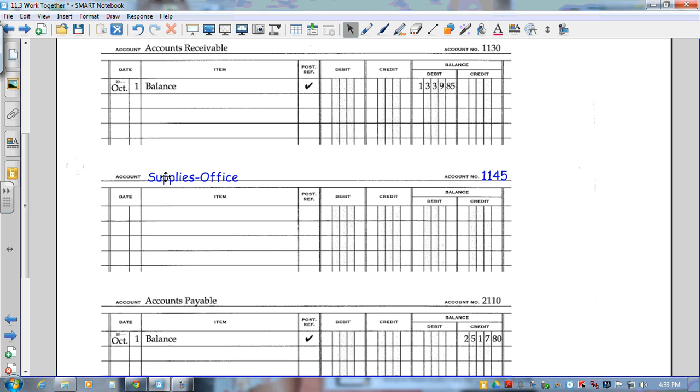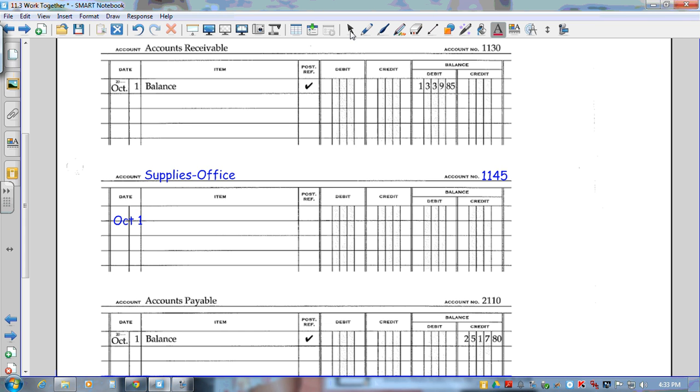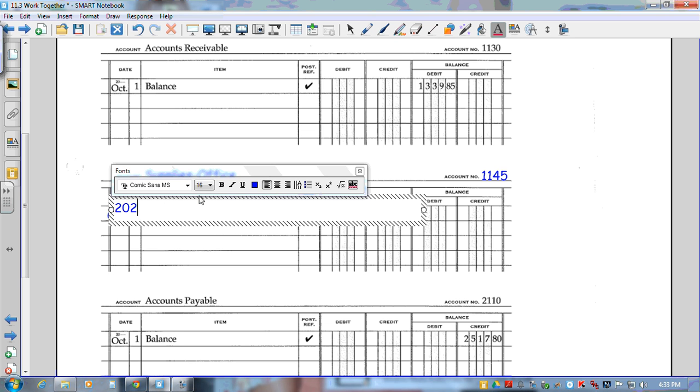We had a previous balance for this one. So we're going to need to come down here for the date. The date is October the 1st of the current year. So October 1st. And then you need to go ahead and put your year above that. I apologize, I can't write on the smartboard, so that makes it a little more inconvenient.